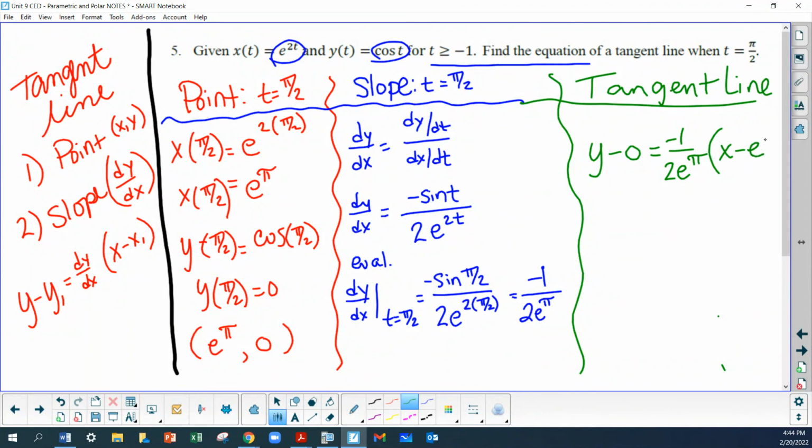Our x1, remember, was e to the pi. All we had to do was go look at our pieces of information, and it was very easy. Suppose we could simplify this as negative 1 over 2e to the pi, times x minus e to the pi. Very nice.